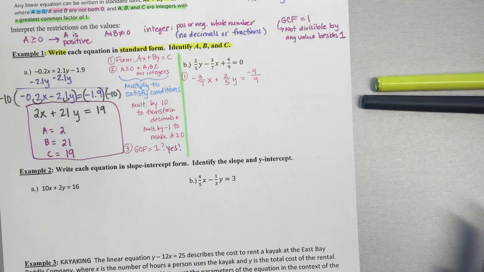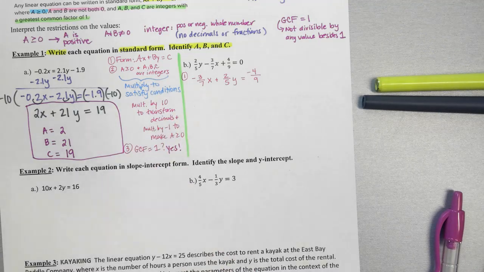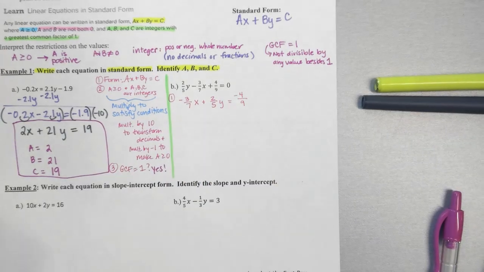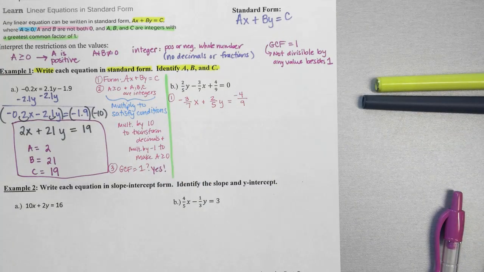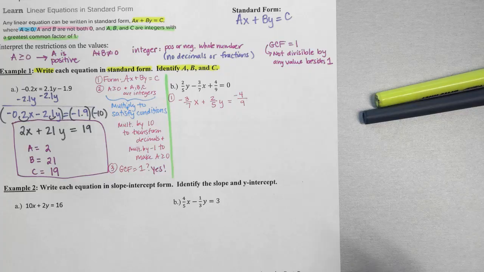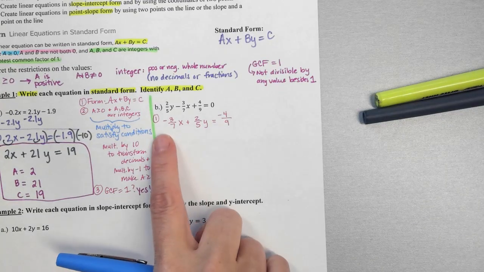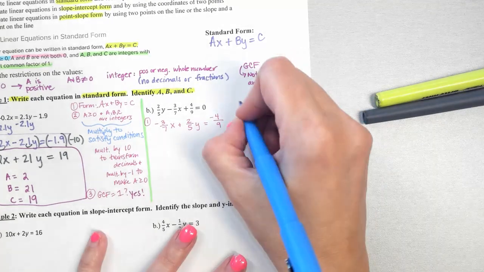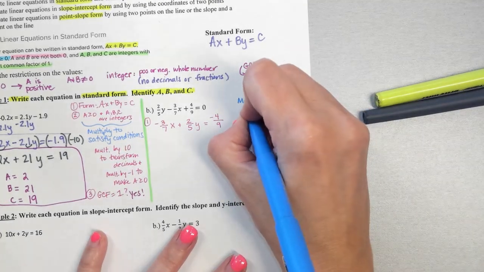Now, when you are trying to get rid of a series of fractions that do not have a common denominator, what you need to do is multiply by the common denominator. But remember, we are doing this without a calculator. So the common denominator of 7, 5, and 9 is just 7 times 5 times 9.